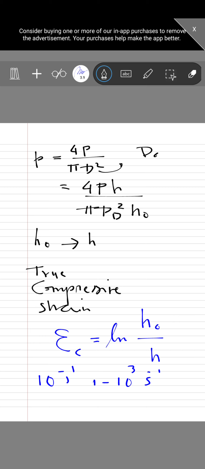The only equipment for providing a constant true strain rate is the cam plastometer.